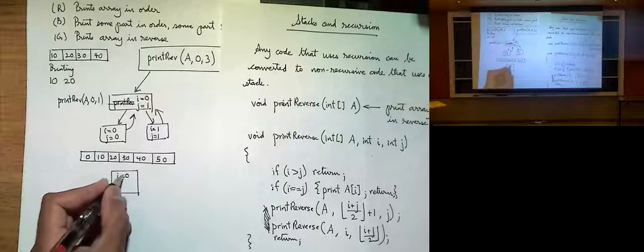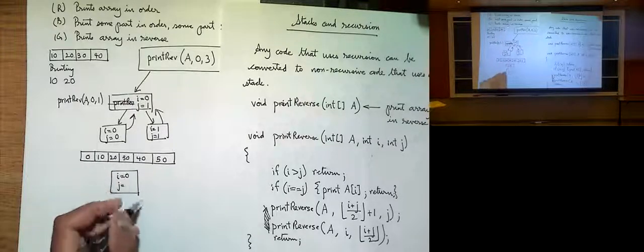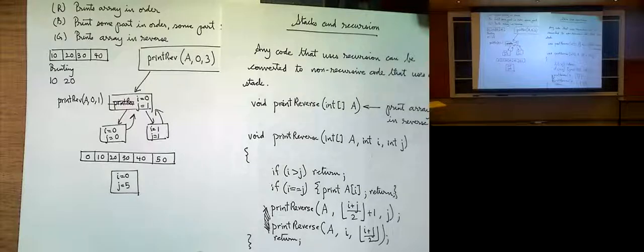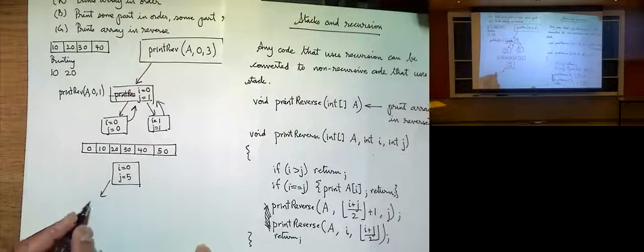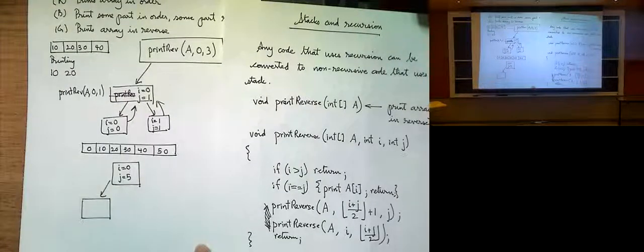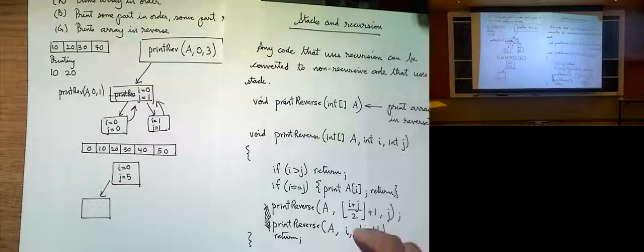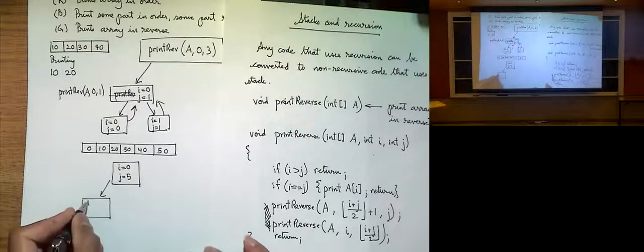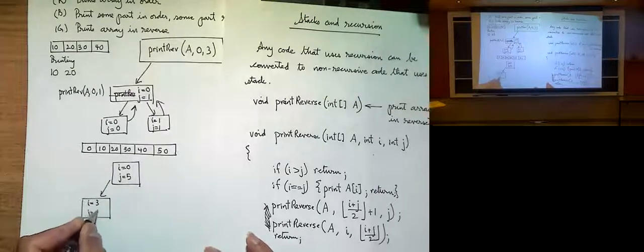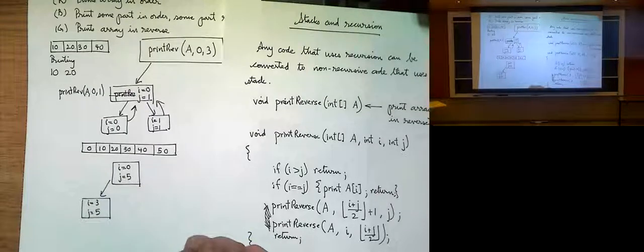So first you get i is equal to 0, j is equal to 5. Then what is the first call that it makes? What's the first call, in order? 5 divided by 2, floor is 2, plus 1, 3. So i is equal to 3, j is equal to 5.